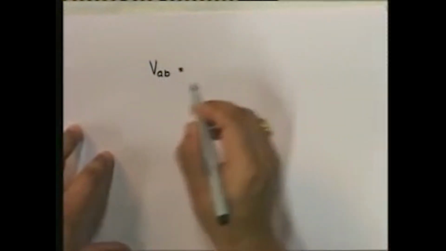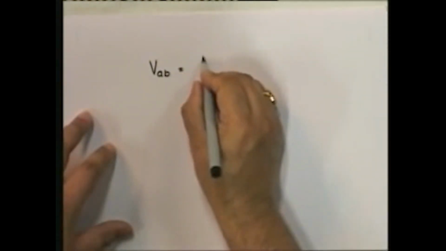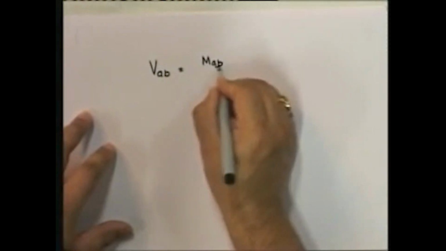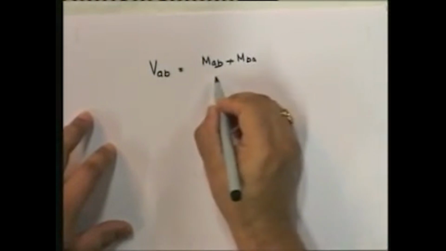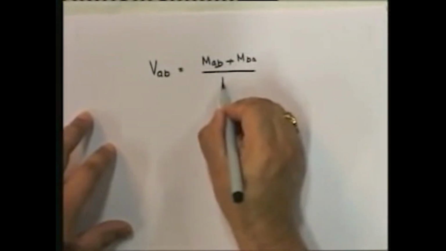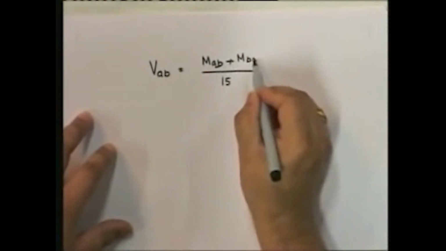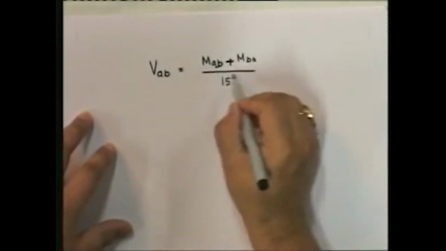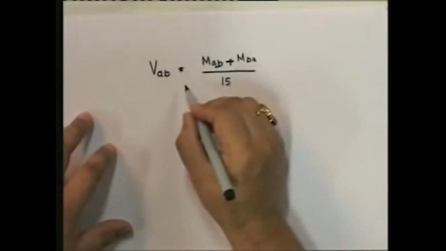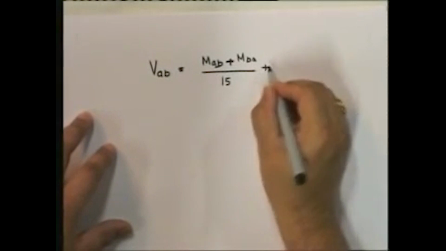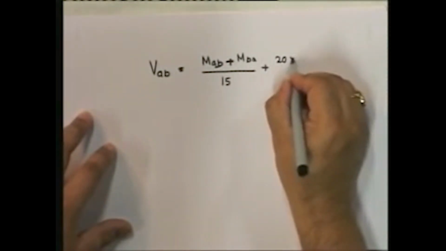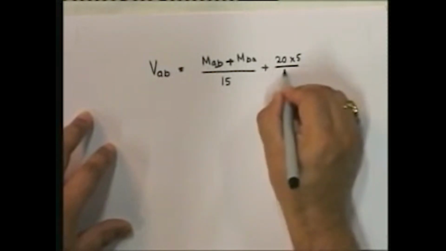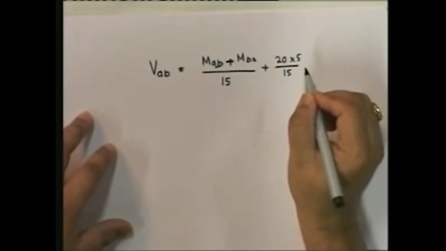VAB is going to be equal to, I can easily evaluate it, MAB plus MBA divided by 15. These are the moments of reaction due to this, plus 20 into 5 upon 15.